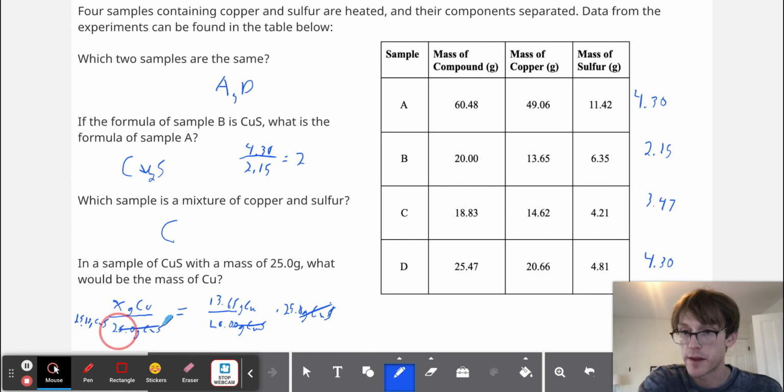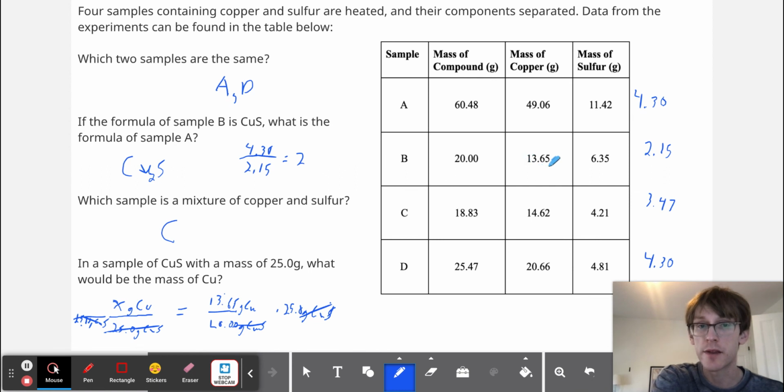Sorry, the stylus is not working very well right now. But notice that this essentially becomes dimensional analysis because we have 25.0 grams of CuS times 13.65 grams of Cu over 20.00 grams of CuS. That proportion is just the known proportion of copper to the compound containing copper in sample B. And with that, we can get to our X grams of copper.